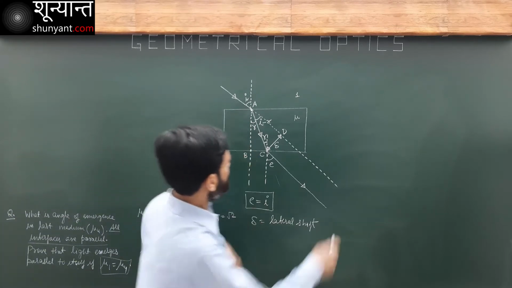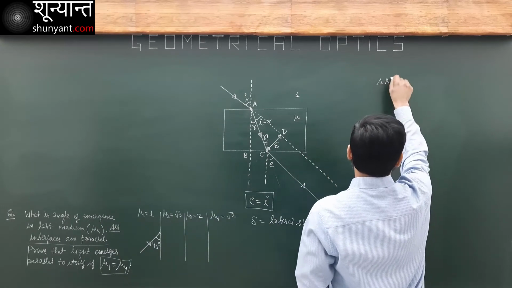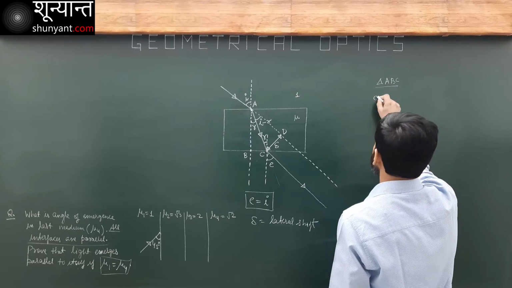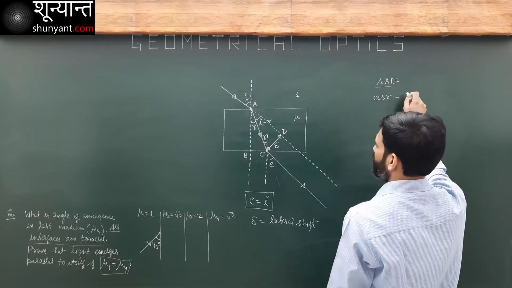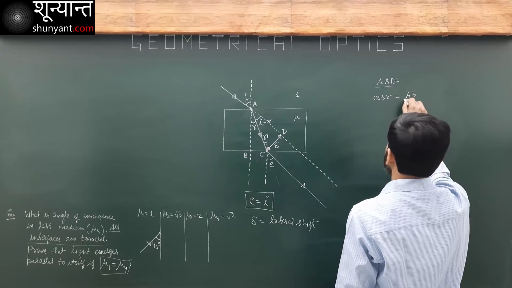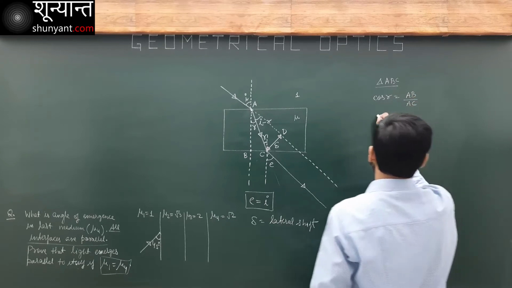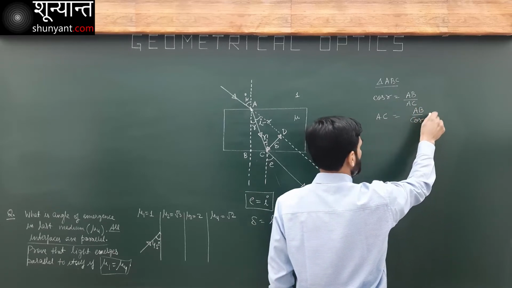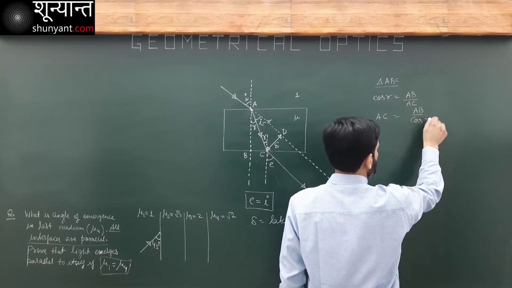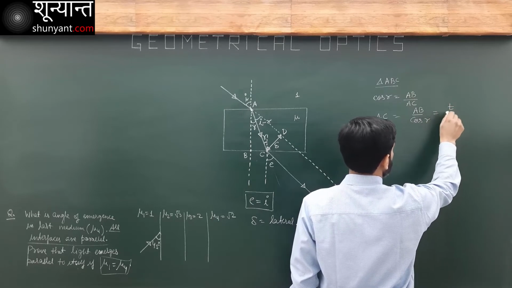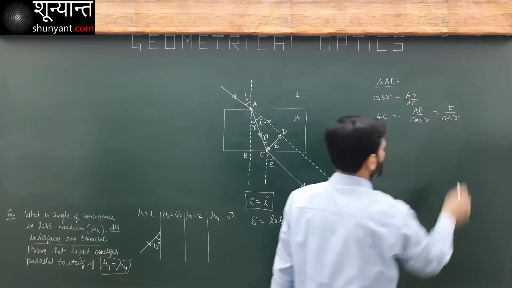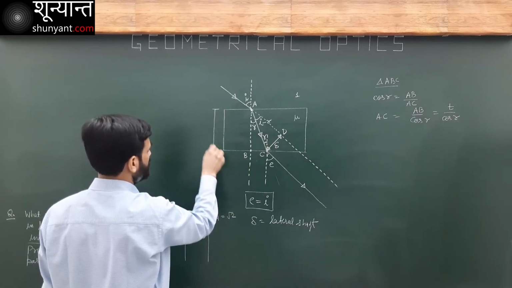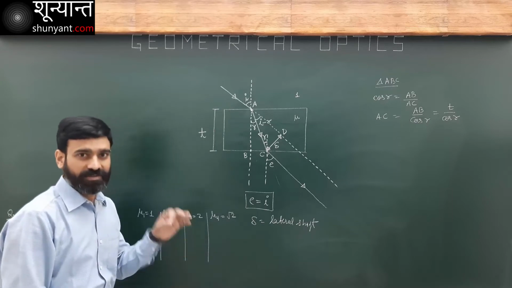In triangle ABC, I can write cos R is equal to AB over AC. So AC will be equal to AB over cos R. This will be equal to T over cos R. What is T? T is thickness of the slab.